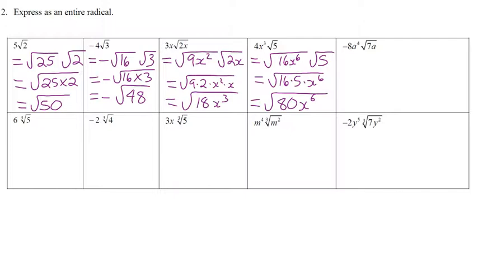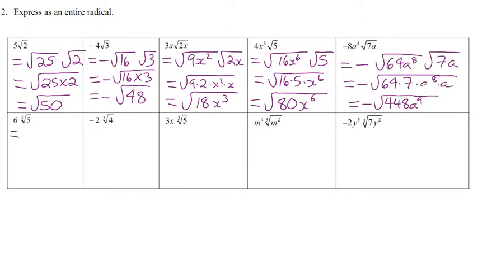All right, so you do this next one, and then you can start working on the next line. Just remember on the next line, you're cubing things. If it's outside the radical, you're going to cube it. Okay, we have to cube the 6. 6 cubed is 216.